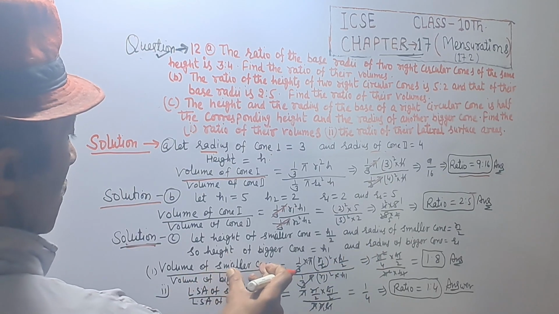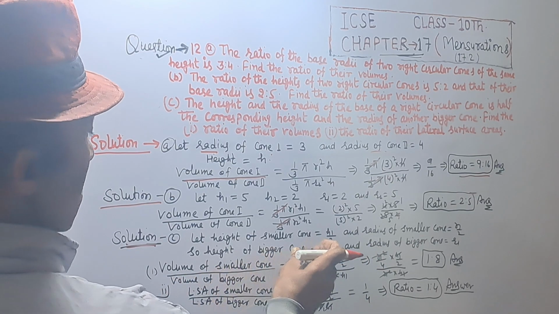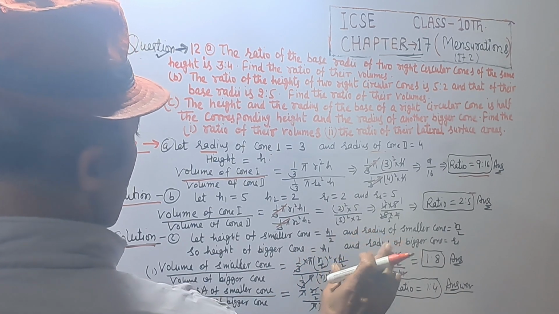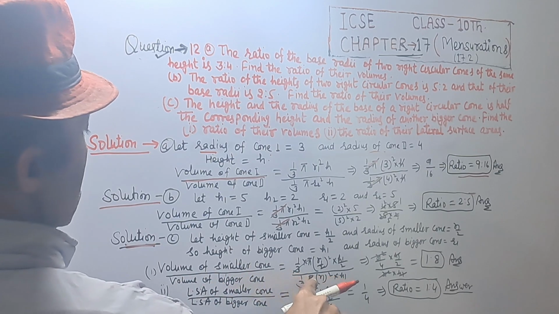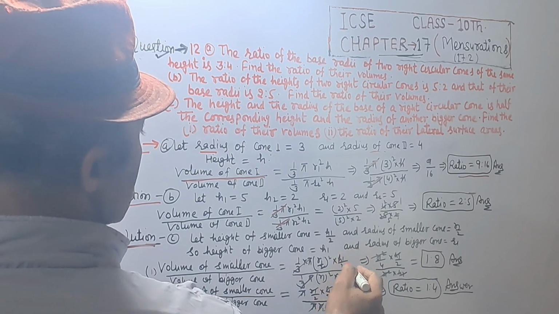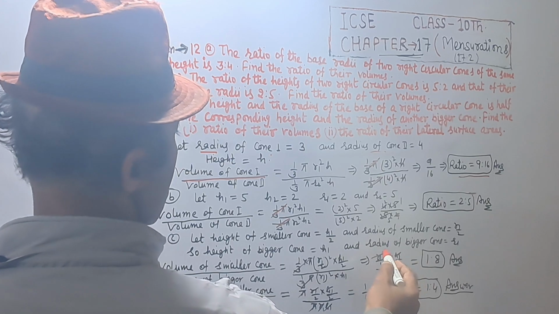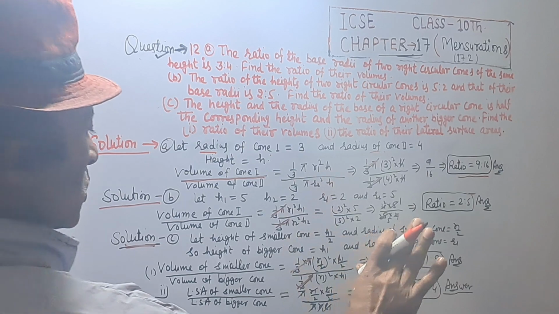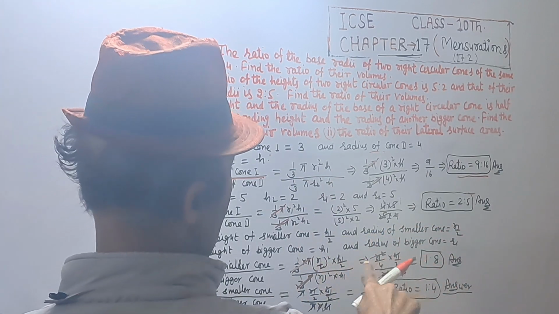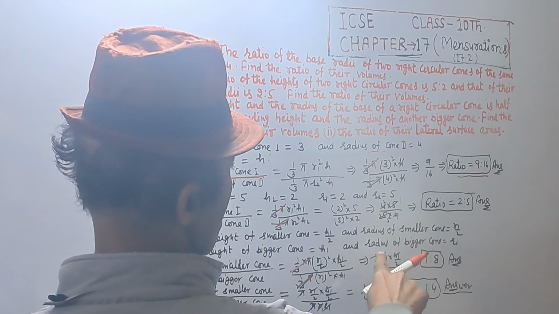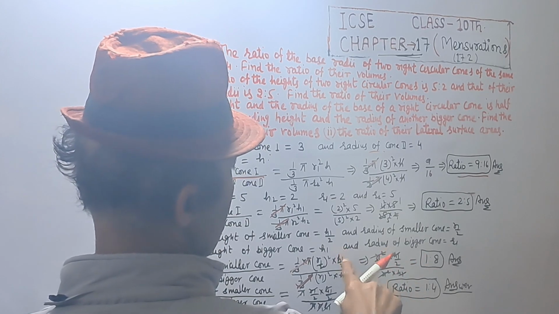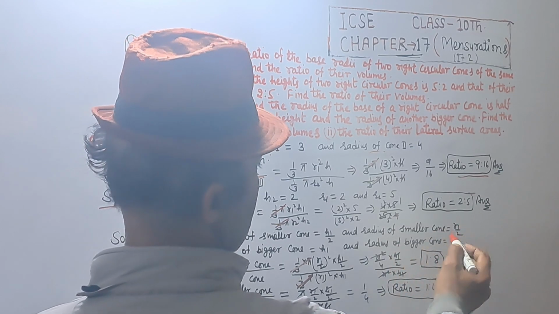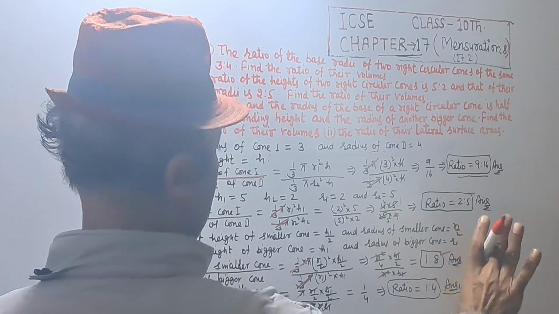So volume of the smaller cone upon volume of bigger cone that is equal to 1 by 3 pi (r1 upon 2) square into h1 upon 2 and 1 by 3 pi r1 square into h1. h1 is cancel, r1 square is cancel, 1 by 3 pi, 1 by 3 pi is also cancel and we get 1 by 2 square that is equal to 1 by 4 and 1 by 2. 4 into 2 that is equal to 1 by 8 and ratio equal to 1:8. Answer.